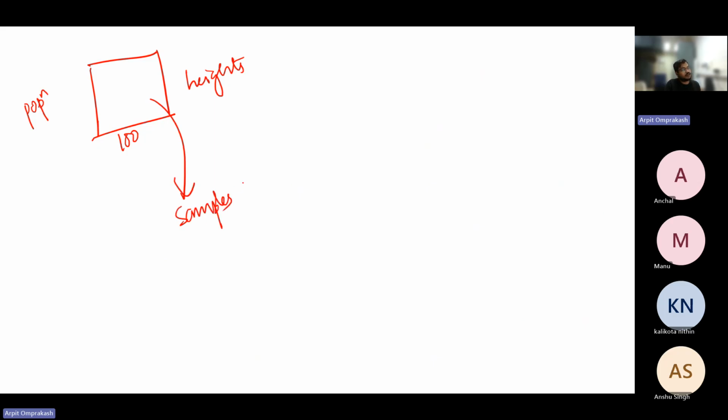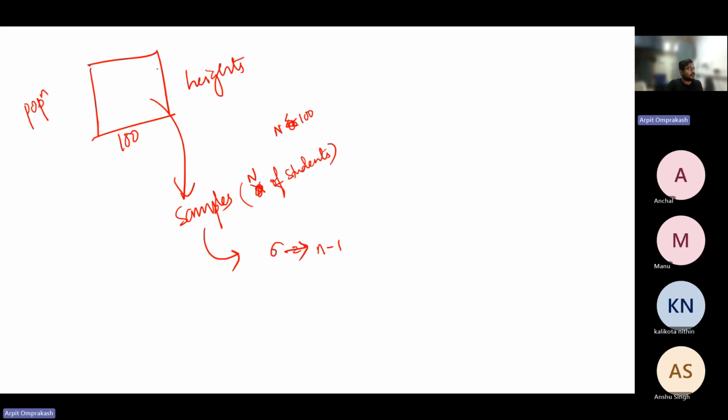So samples are N number of students for whom we'll measure the heights, and N is less than 100. So we are taking a subsample out of this. In this case, to calculate the variance, you use N minus 1.